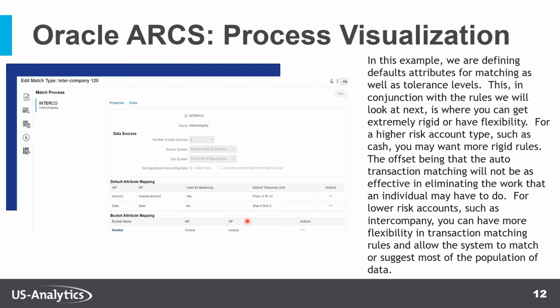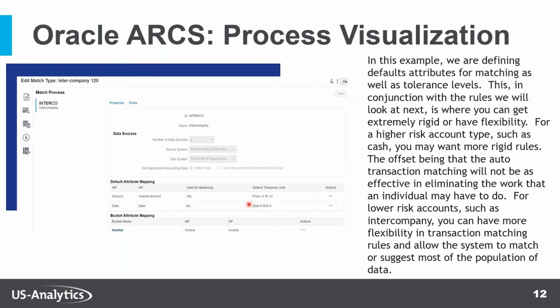Essentially, the more rigid you are, the less effective your transaction matching becomes, the less machine automated it is, which is good for high risk accounts. But if you've got a high volume, low risk account, much like intercompany can be, you will want to have your transaction matching be a little more flexible.